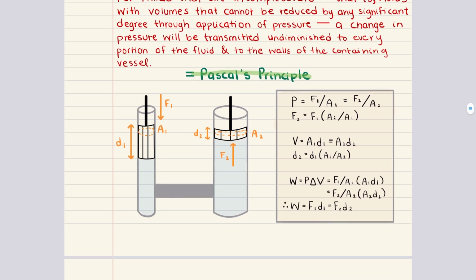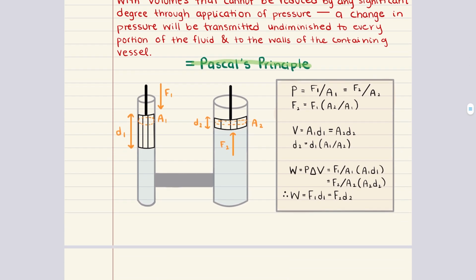Now, one of the most remarkable applications of Pascal's principle is in hydraulic systems, which use the near incompressibility of liquids to generate mechanical advantage. Remember that mechanical advantage is the ratio of the output force to the input force in a machine, allowing a smaller input force to move a larger load.